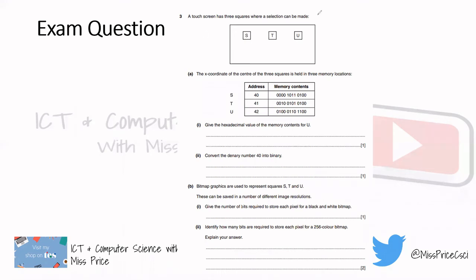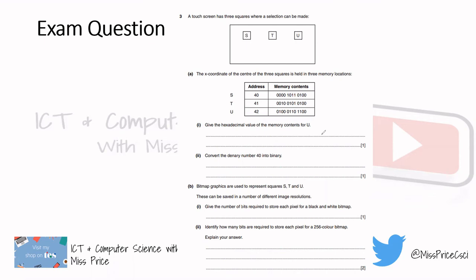We've got a touchscreen with 3 squares where a selection can be made: S, T and U. The X coordinate of the center of the 3 squares is held in 3 memory locations, as you can see right here.